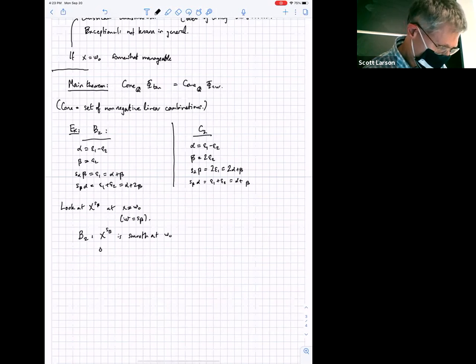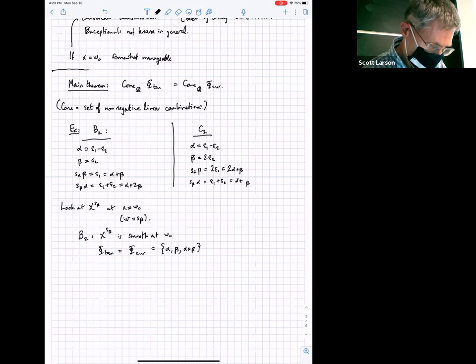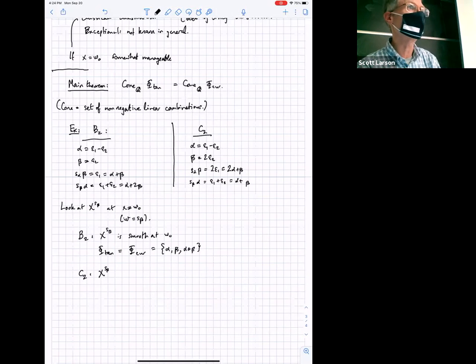And in this case, one can calculate that phi tan equals phi cur, and this is just alpha, beta, alpha plus beta. But in C2, it's not smooth. It's rationally smooth, but not smooth. So rational smoothness is the same across types, but smoothness is not the same across types. So this is not smooth.